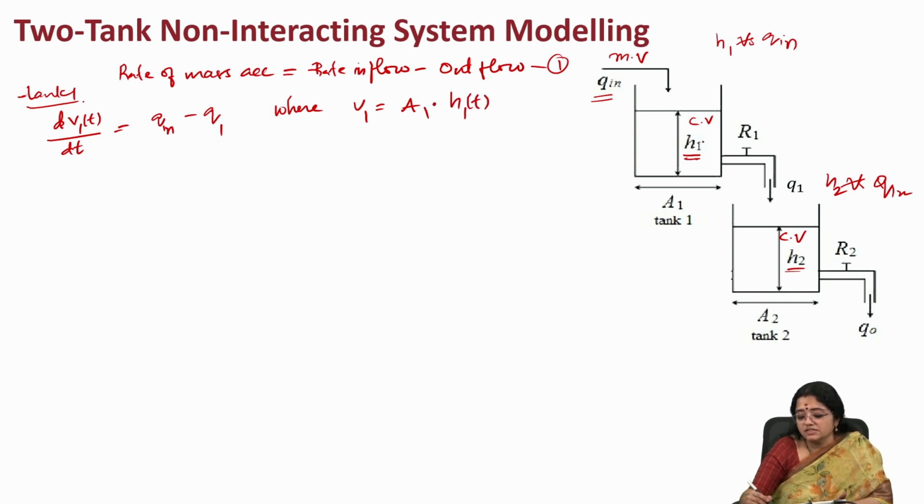We already know these two are rectangular or square tanks, where A1 and A2 are constants, so they are not changing with respect to height. At any given instant, at any given height, the area of cross section of the liquid will be the same. Therefore V1 is equal to A1 times H1(t).